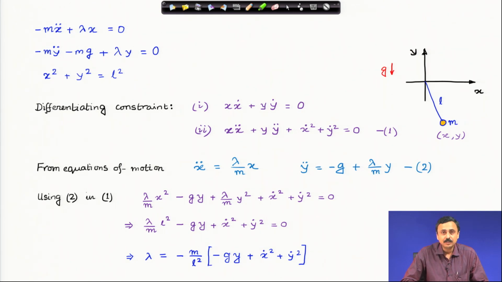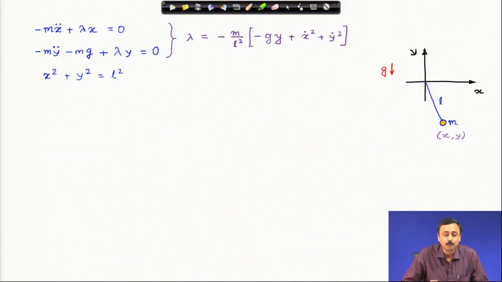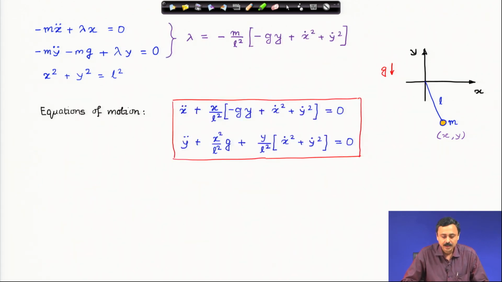Once I have this Lagrange multiplier expression, I can substitute it back into the equation of motion, and this is my set of equations.